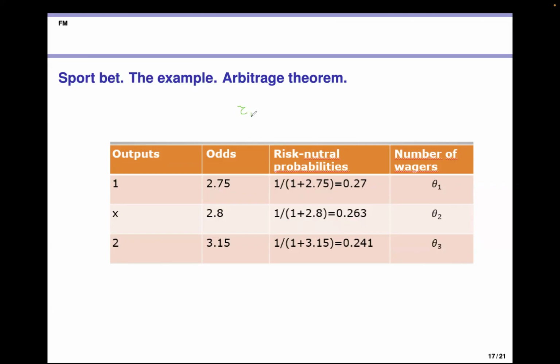First, R1 equals 2.75 if it's a win, and -1 otherwise. So if e equals 1, it will be 2.75, and if e doesn't equal 1, it will be -1.